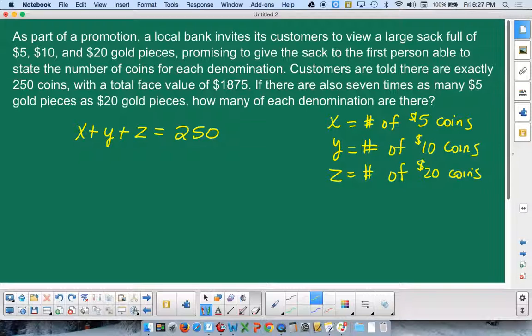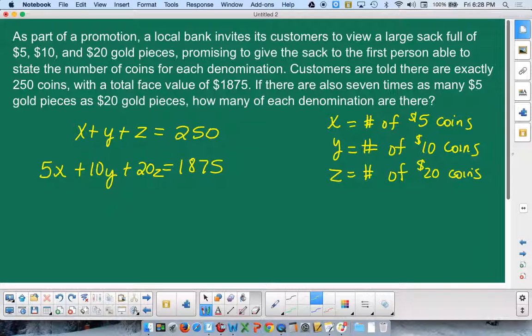We know it's worth $1,875. So how do you figure out how much it's worth? Well, if there are X $5 coins, take them times $5. That's the amount of money you got in $5 coins. So $10 coins and $20 coins. Also, not rocket science to set that one up.